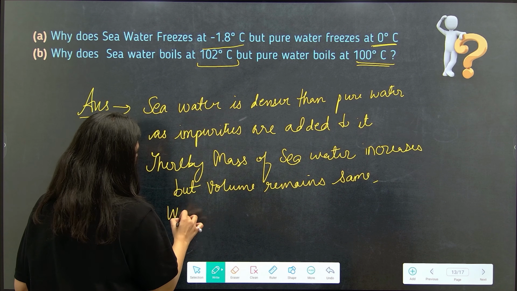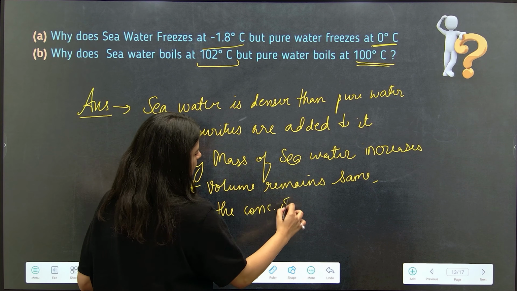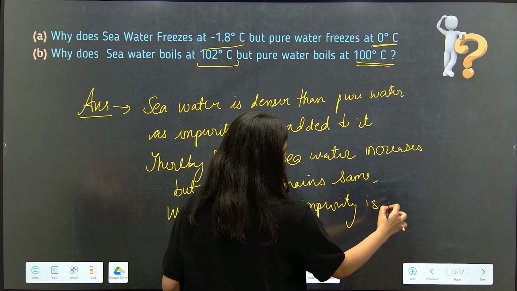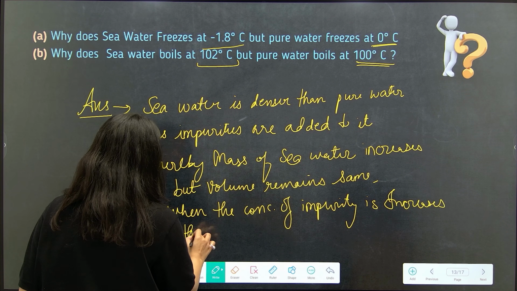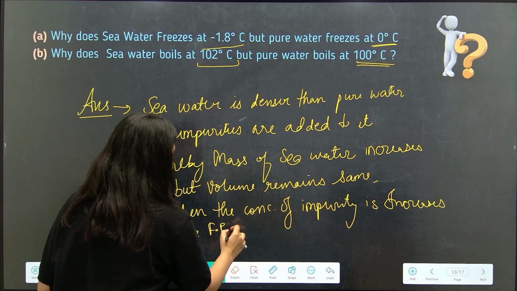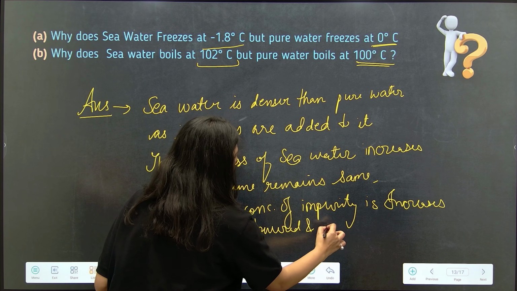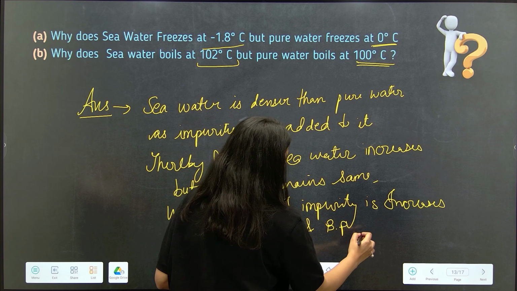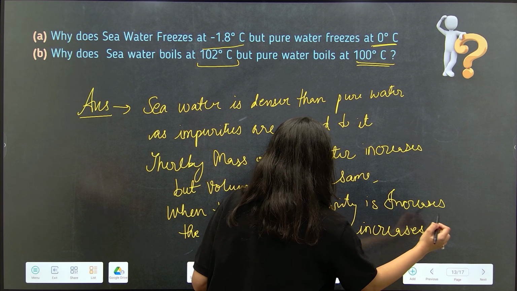So when the concentration of impurity is increased, the freezing point, I am writing FP, you can write freezing point, is lowered than the normal freezing point, and the boiling point, I am writing BP, increases than the normal boiling point.